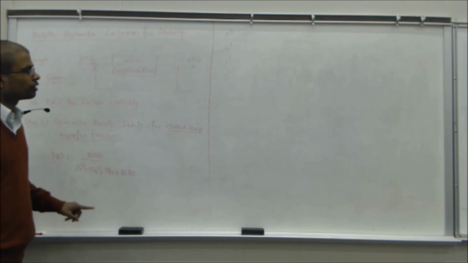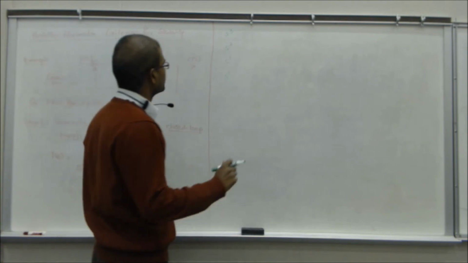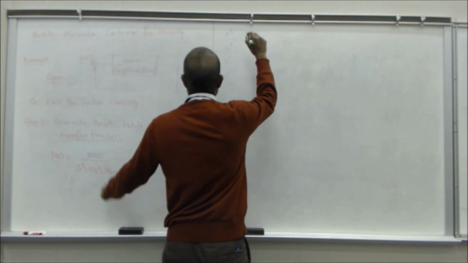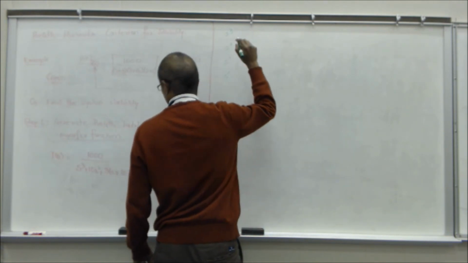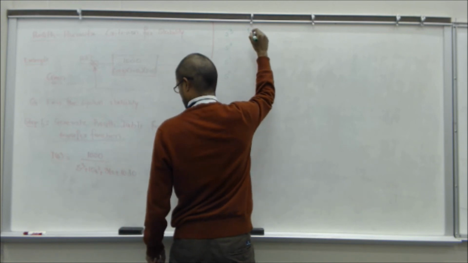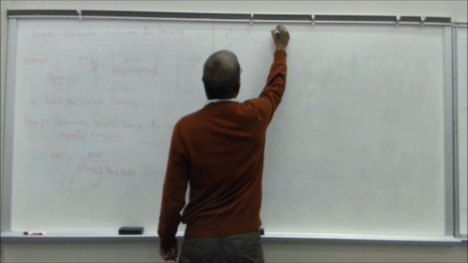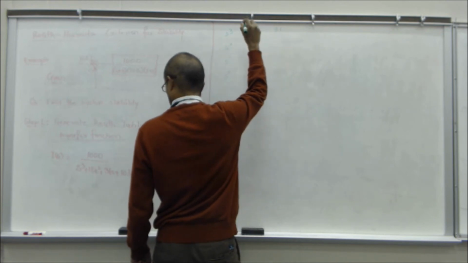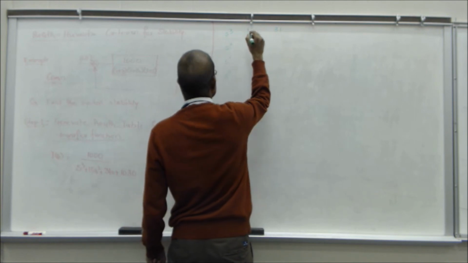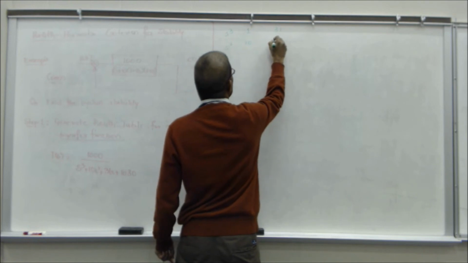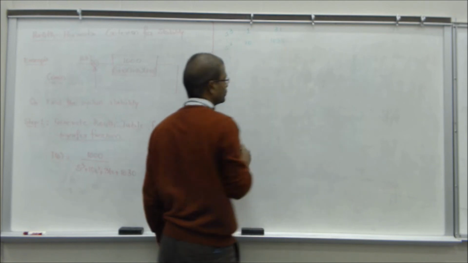You write the order of the polynomial on the left-hand side, and then you populate this with the coefficients. So you have 1, 31, and then you have 10, 1, 0, 3, 0. Okay.